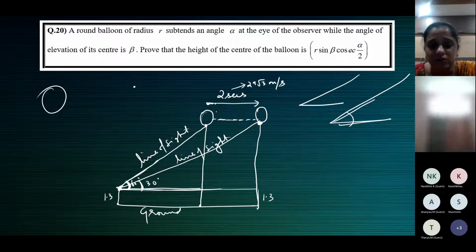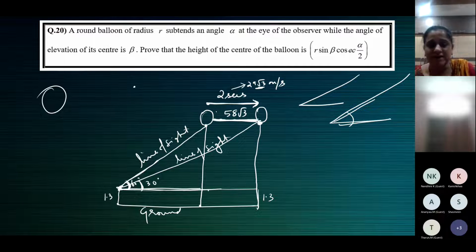Distance is equal to speed into time. So 29√3 into 2, 58√3 is the distance. So this distance in the air is 58√3.